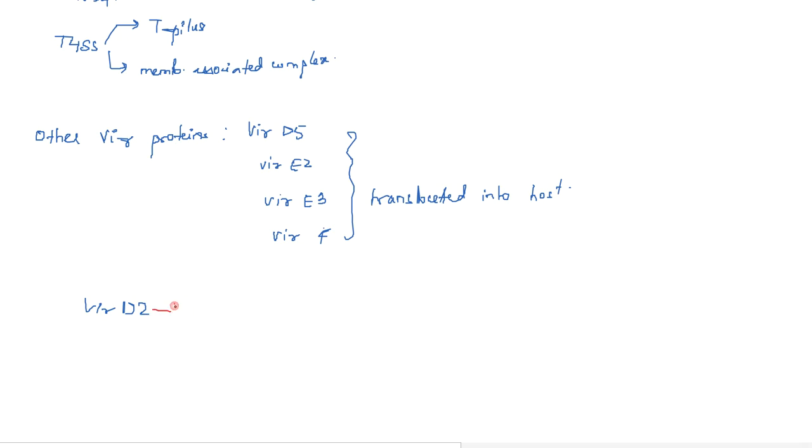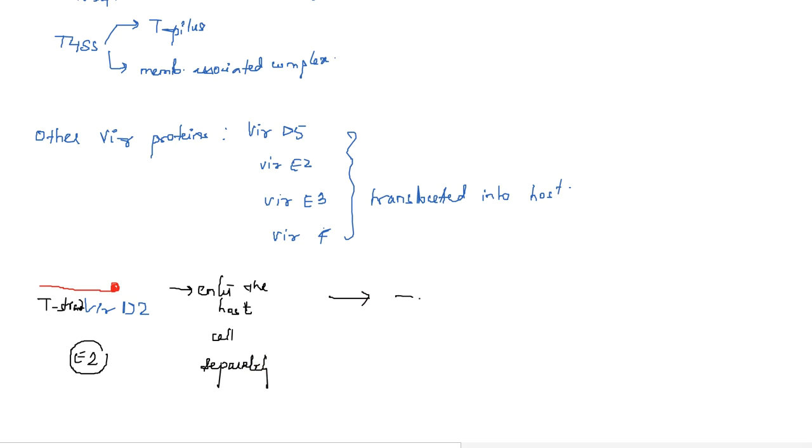Vir D2, which is bound to the T strand, and Vir E2 will enter the host cell separately, and they are going to assemble inside the host cell.